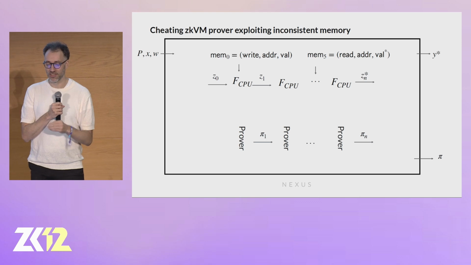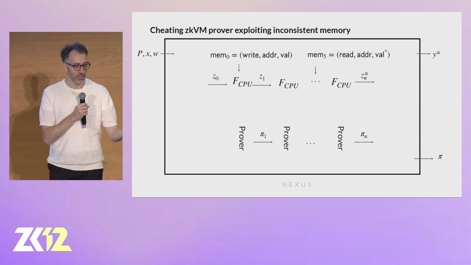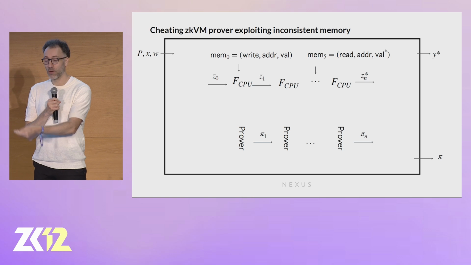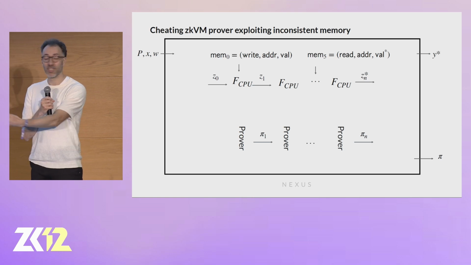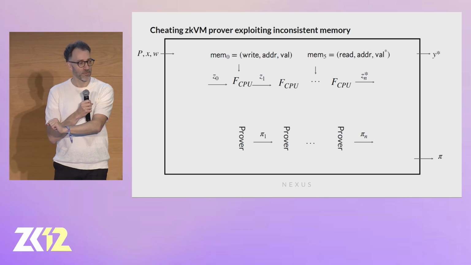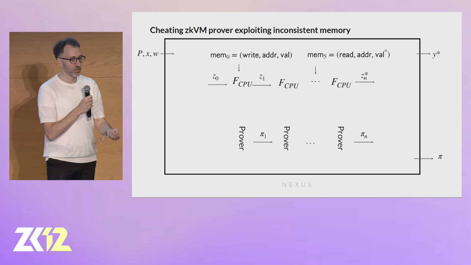So you could have, for instance, a memory where you're saying to the CPU, yeah, you are writing to this address, this value here. And then a few steps later, you can say, oh yeah, and you're reading from this address, and by the way, it's this value here, which is a completely different value, right? And you will get out the wrong output from the computation.